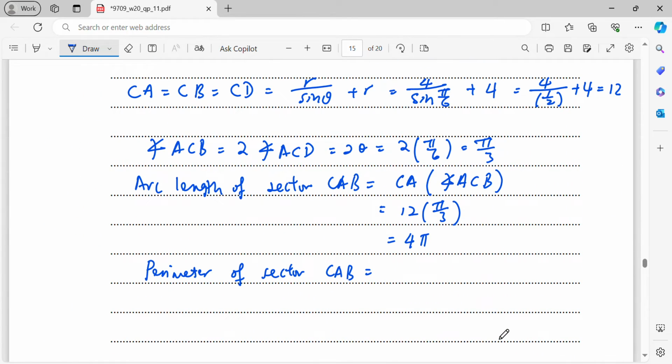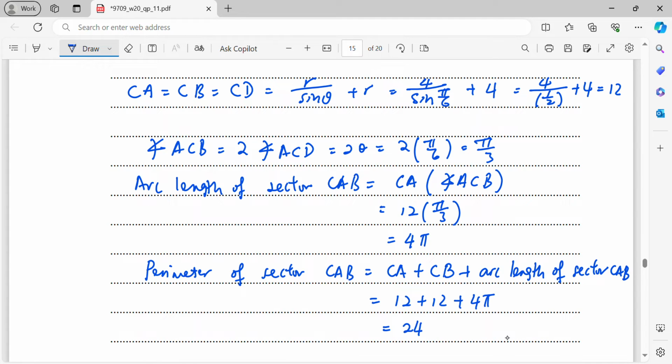So CA plus CB plus arc length of sector CAB. So this is going to be 12 plus 12 plus 4 pi. Then I will be getting 24 plus 4 pi. So this is my working.